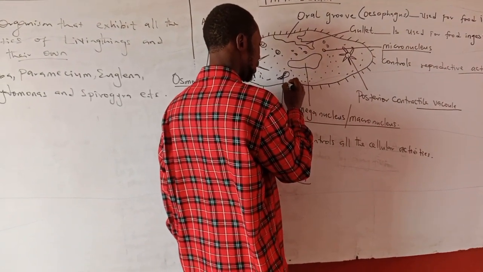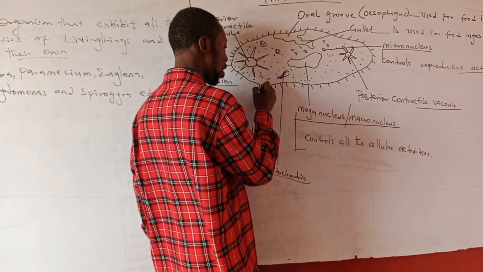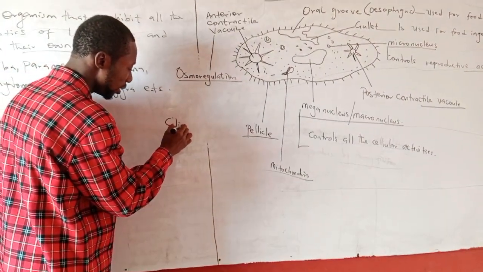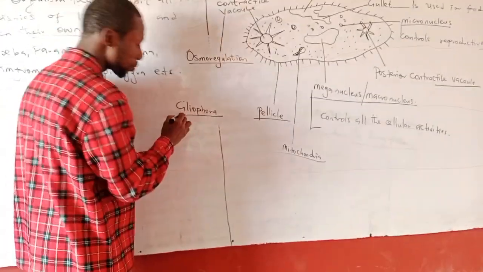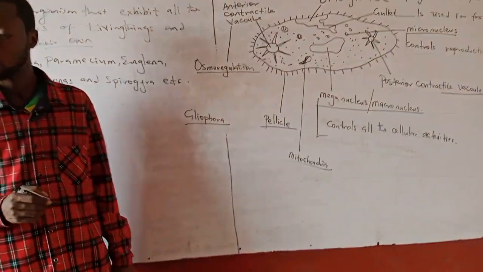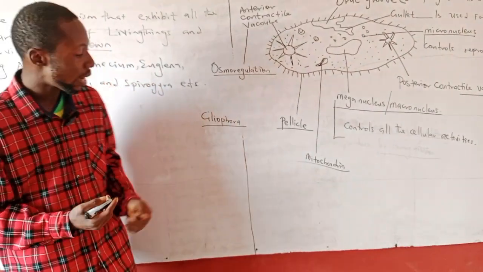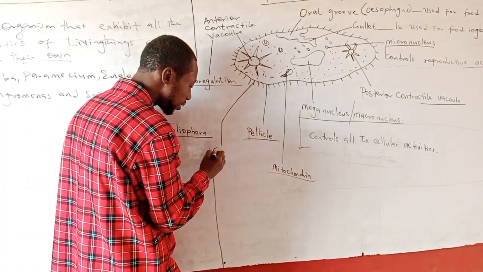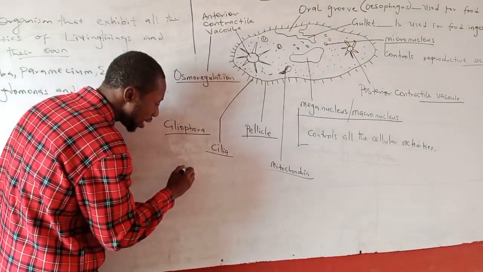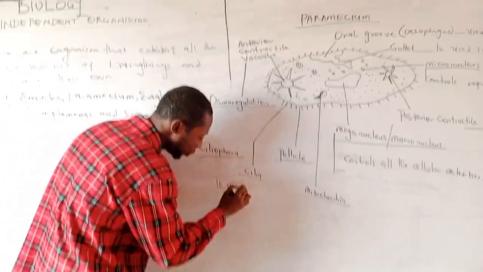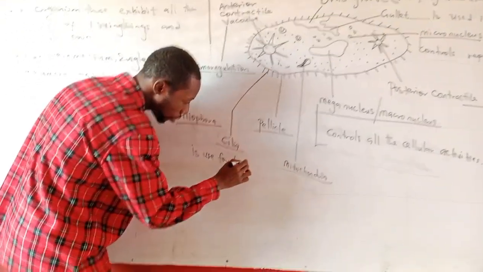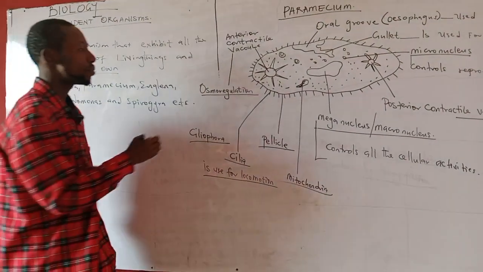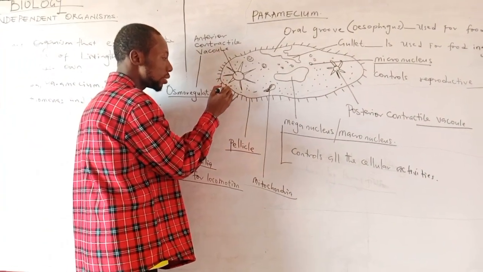Alright, just as Sarcodina, every unicellular organism that possesses cilia for locomotion is called Ciliophora. Those unicellular organisms that move by means of cilia are regarded as Ciliophora. So this structure here is known as cilia. As pseudopodia, cilia is used for locomotion. Alright, then here we have trichocysts.